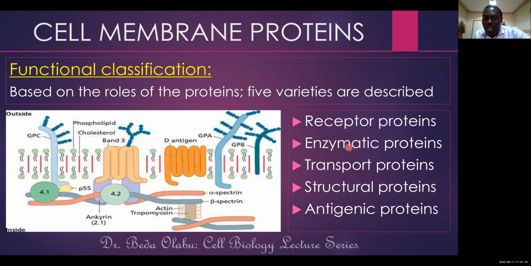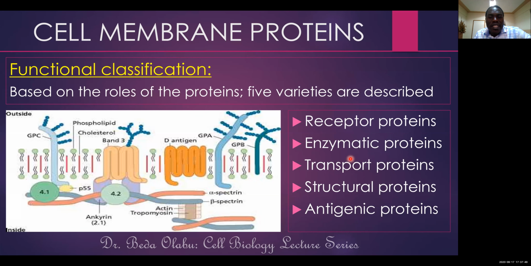Or it could be an enzyme, but also a structural protein at the same time. You can have a protein that has 2 or even 3 functions. So this classification is just based on the role these proteins play in the cell membrane, but a single protein can have multiple functions. Actually, that's a common pattern.